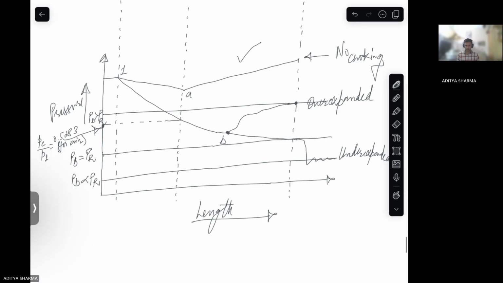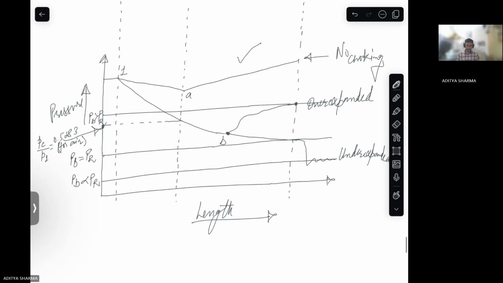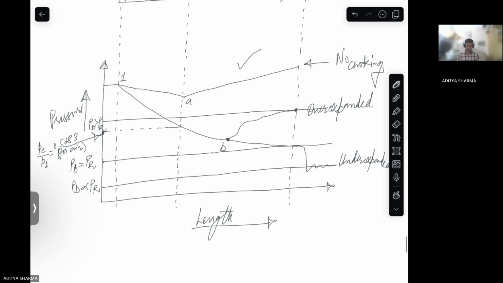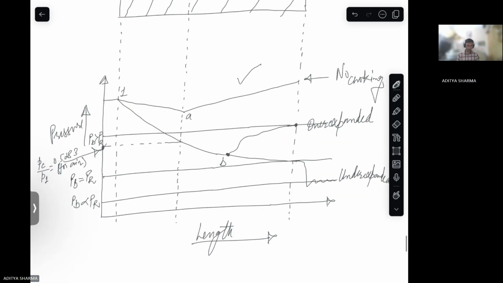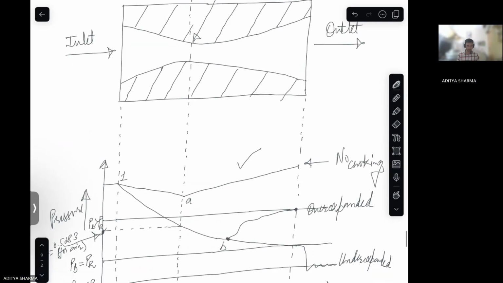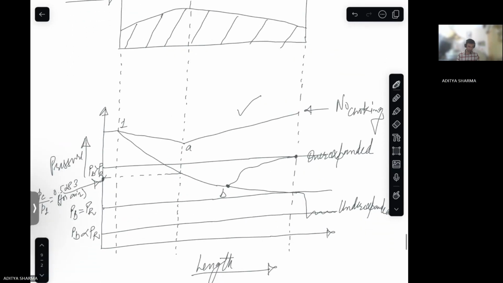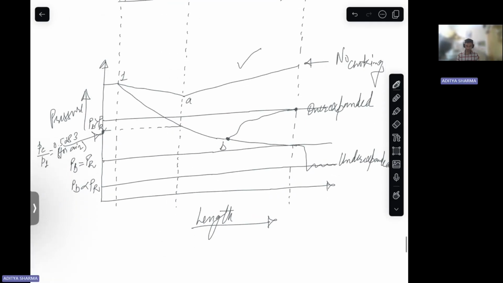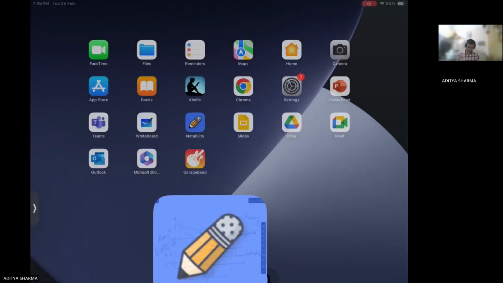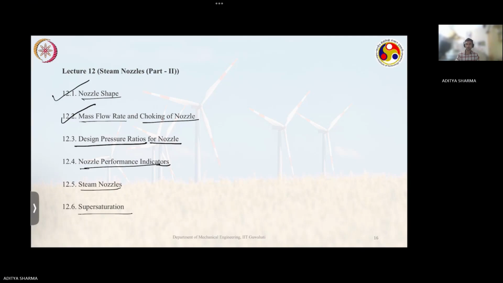All right. So this is your discussion on CD nozzle, right? Then the next topic is your nozzle performance indicators.